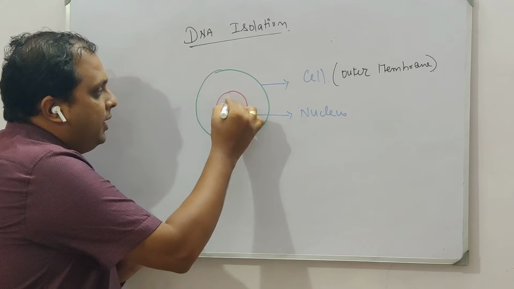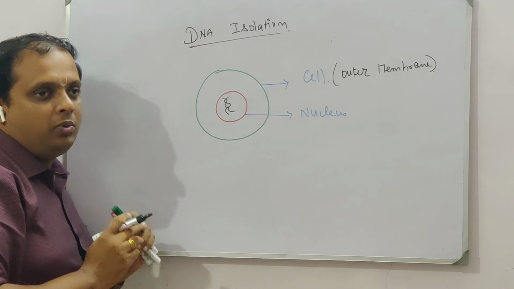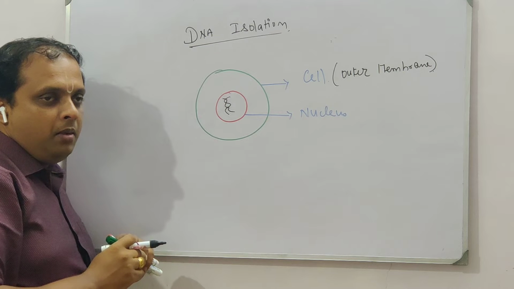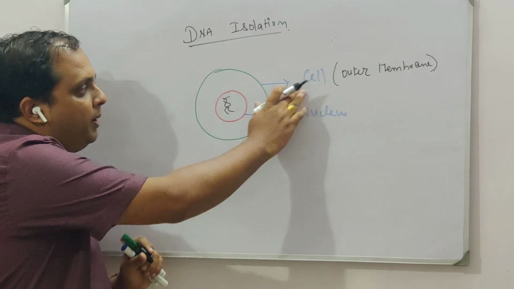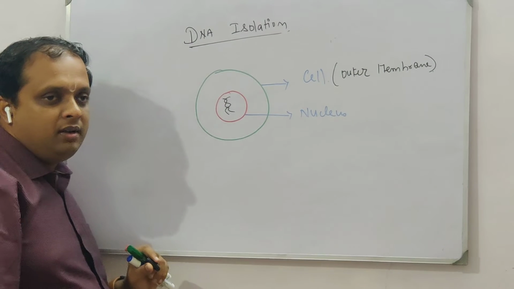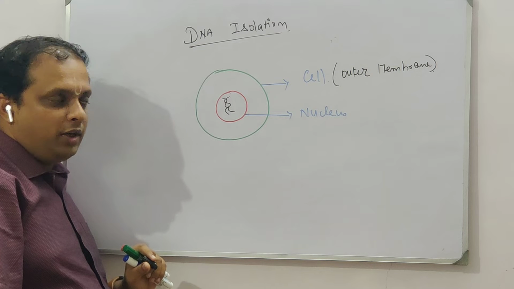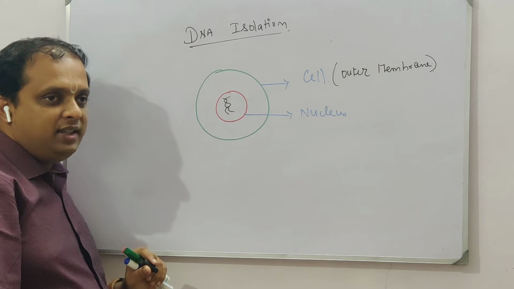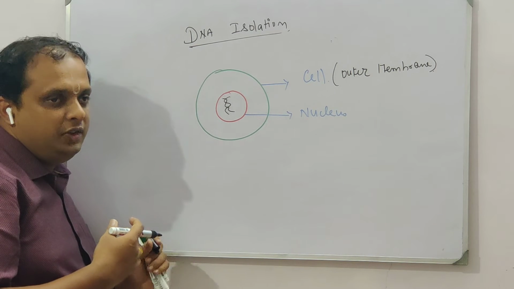So here is where our DNA is sitting inside. We have to get this DNA out. So the strategy is first to break open the outer membrane, right? Once the outer membrane is broken down, automatically the nucleus will also disintegrate, so that the DNA gets out of the nucleus.